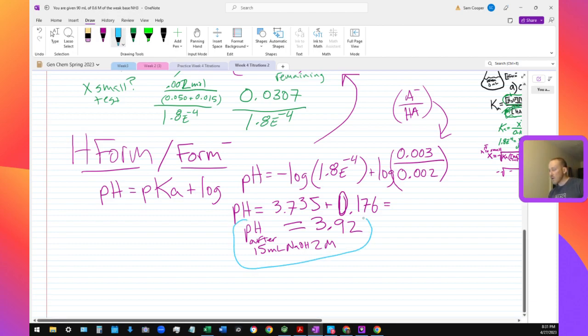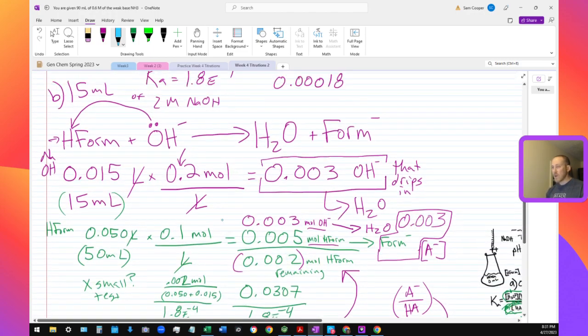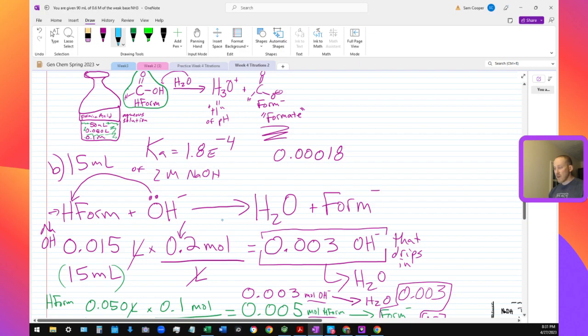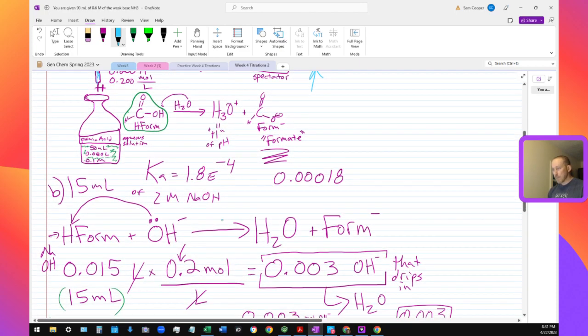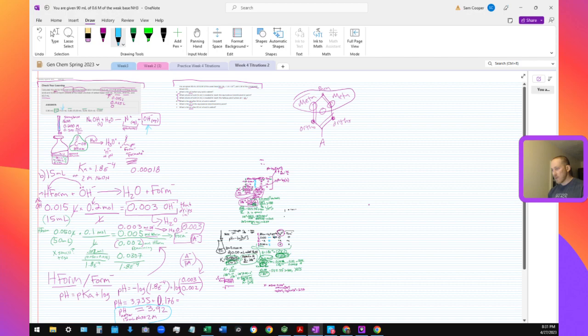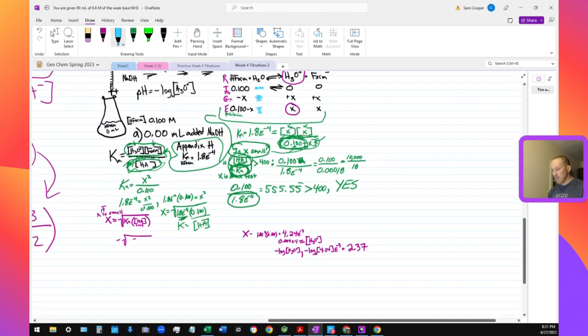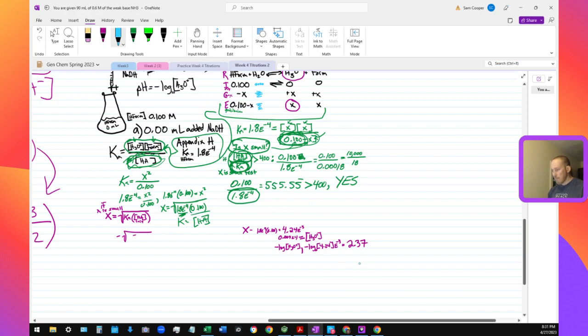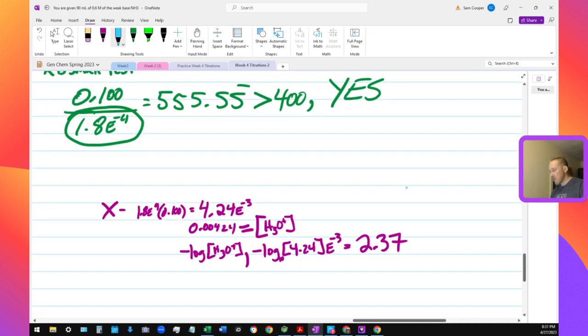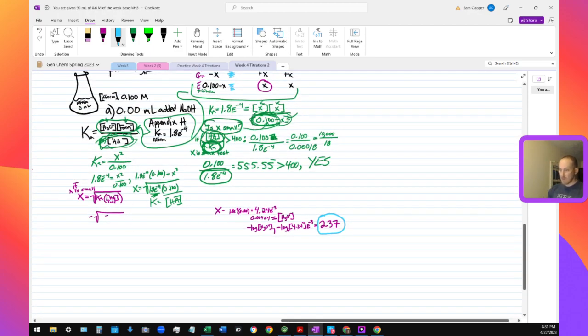So there we go, and this makes sense because before we added any base, this solution initially was, oh, where did it go? I made it all small, it went away. Our initial pH, right here, that's quite acidic, right? The closer to 0 it is, the more acidic it is.